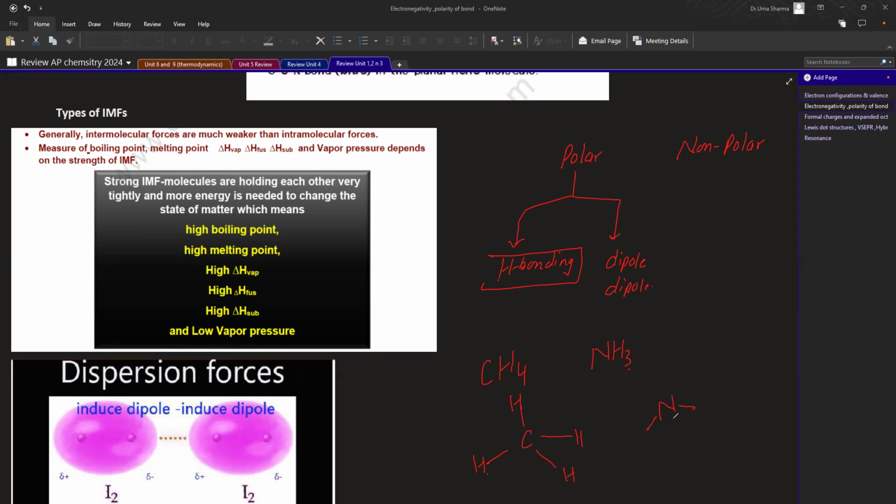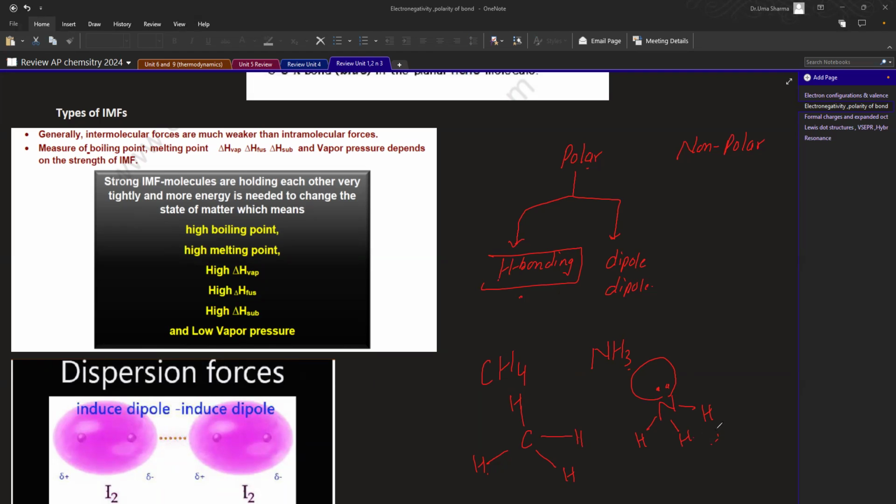NH3 is not a tetrahedral. It's not symmetrical. There is a lone pair on this side. So what kind of molecule is this? Polar. If it is polar, then what type of attractive forces are there? Do you think it has hydrogen bonding, Ariba? Yes, it has hydrogen bonding.